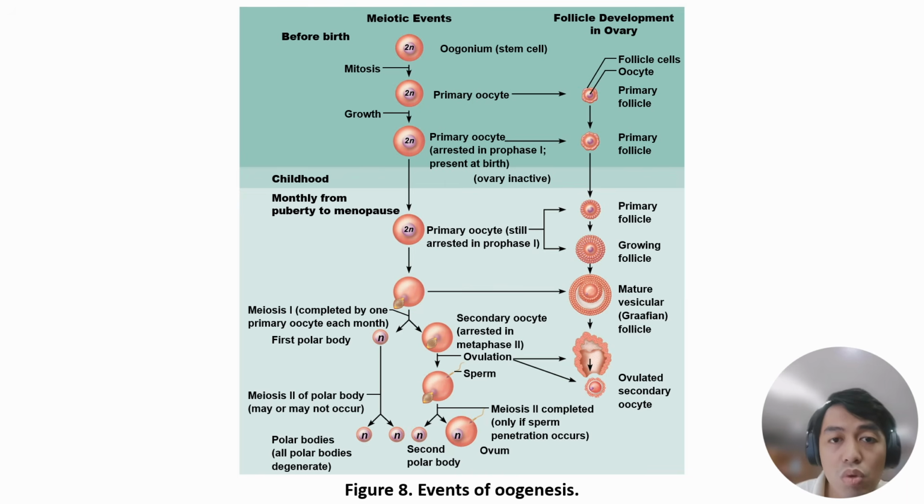So the meiosis that starts before birth will actually conclude only after the fertilization with the sperm cell, to become the ovum. So the fertilized egg is the ovum that has just completed meiosis.